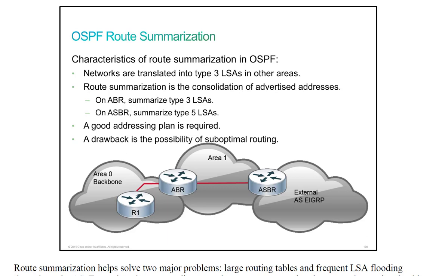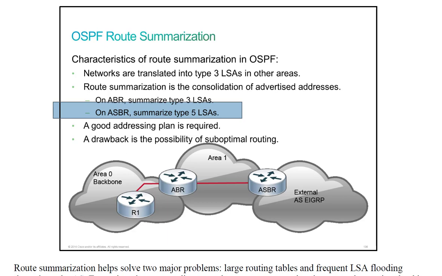All right, the only place that we can actually perform summarization in our enterprise is on an ABR, going from one area to another, or on an ASBR, summarizing external routes into my OSPF autonomous system. We know that the summary routes come in on the ABR as a type 3 LSA, and the summary routes come in on an ASBR as a type 5 LSA. We talked about that in previous lessons.